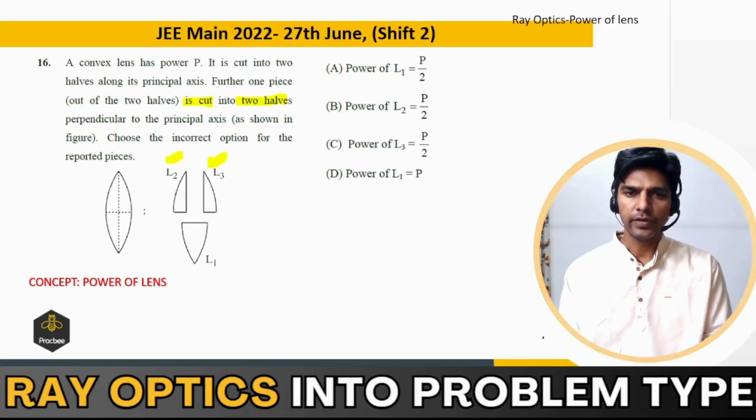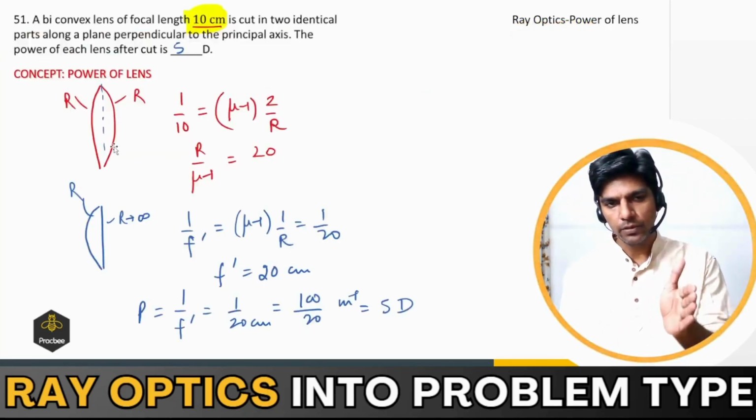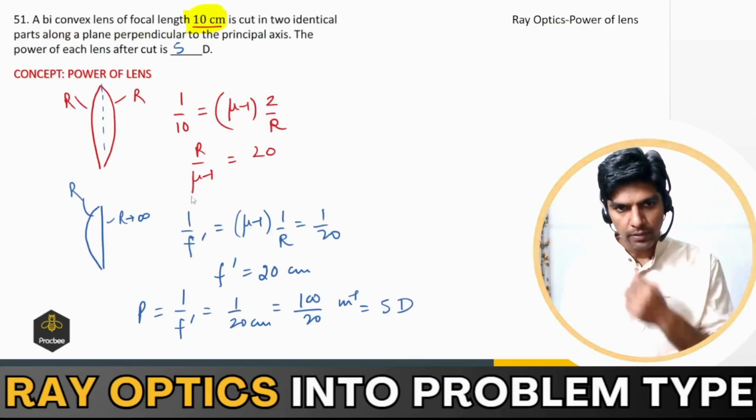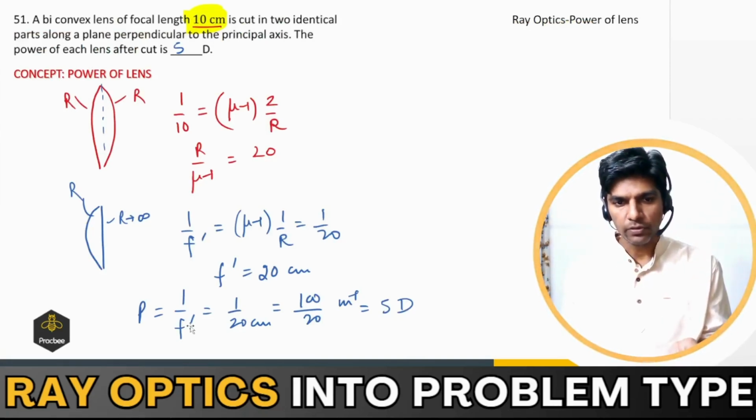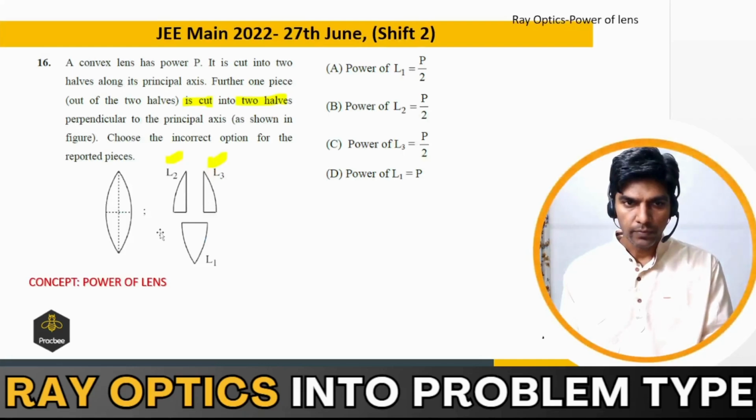So let us first find the power of each. If you look at this problem, if you cut it, if you make it into two parts, then the power, or you can say the focal length, will become double, right? If the focal length is getting double, the power is getting half, right?